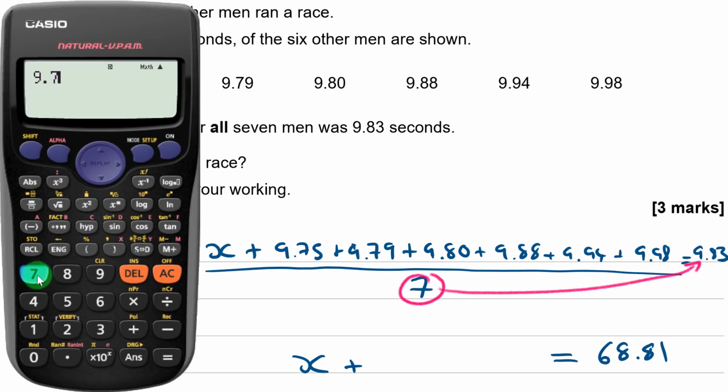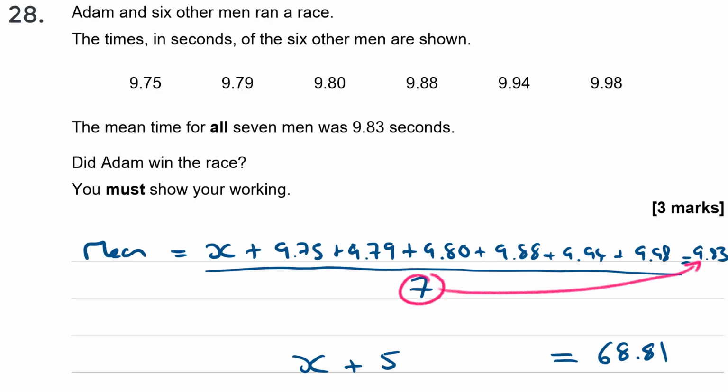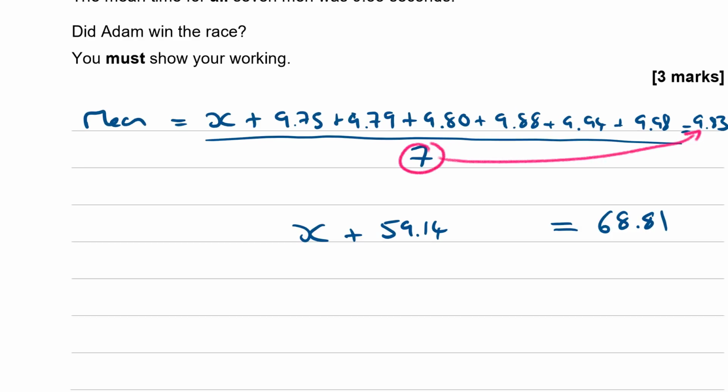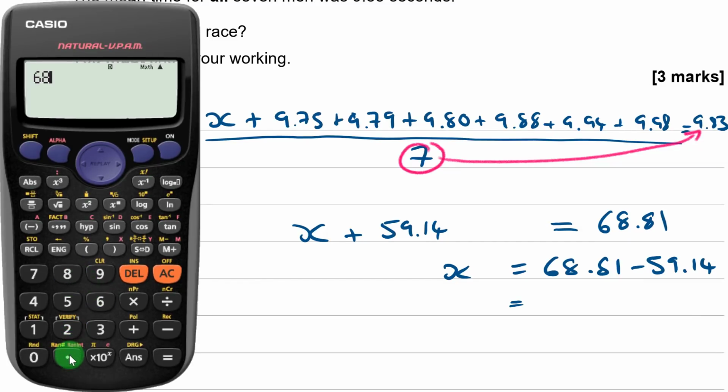I'm going to quickly add those up. 9.75 plus 9.79 plus 9.8 plus 9.88, 9.94 and 9.98, which comes to 59.14. Okay, so now we just need to solve for x, taking my 59.14 to the other side and subtracting from my other value.